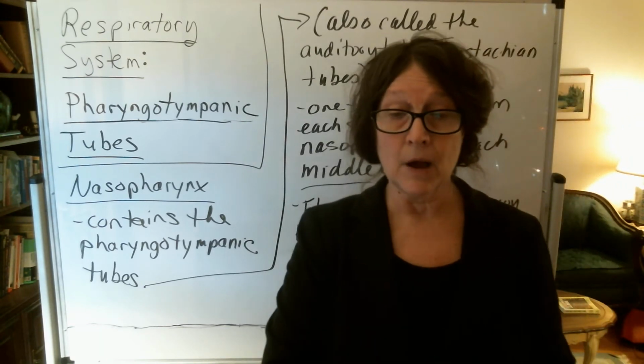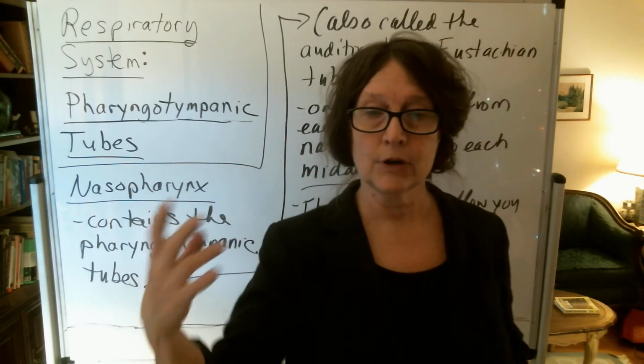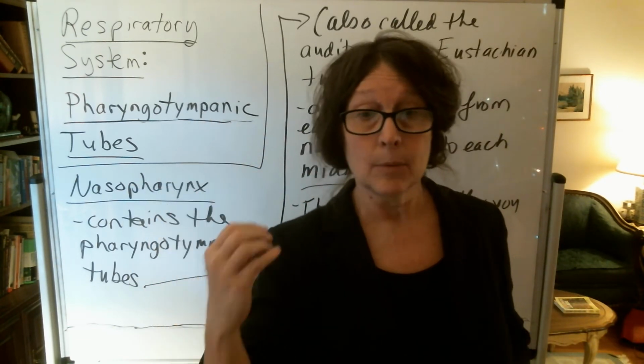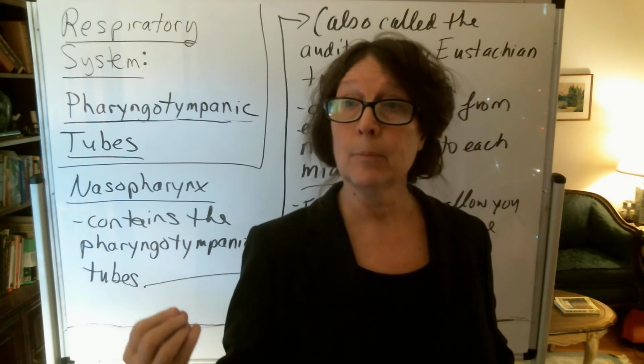Basically, that little pocket of air in your middle ear has to be at the same pressure as atmospheric pressure. But the problem is that atmospheric pressure can go up or down depending upon where you are.